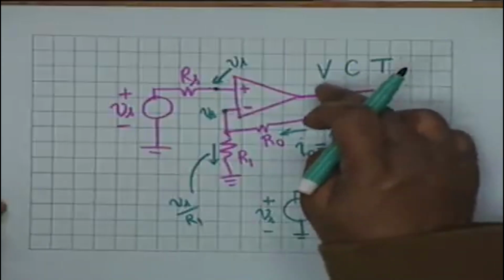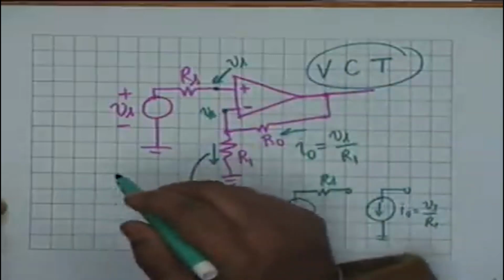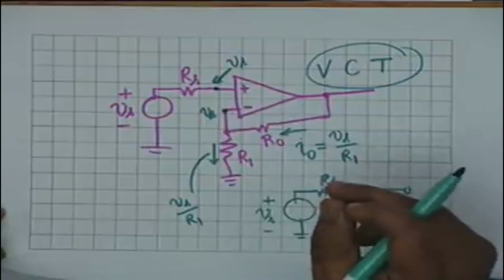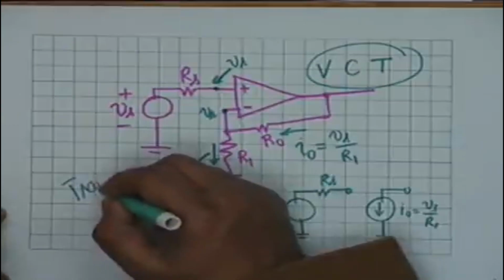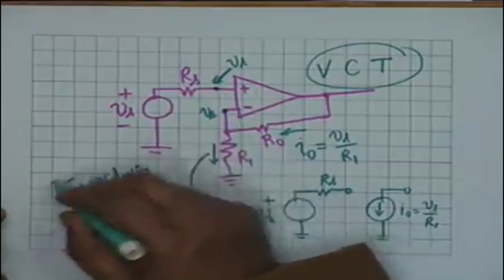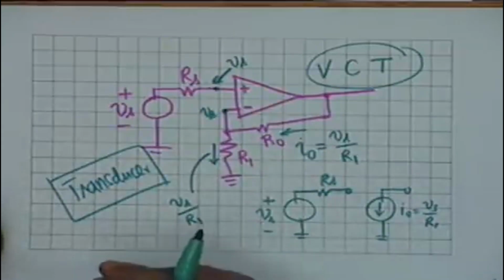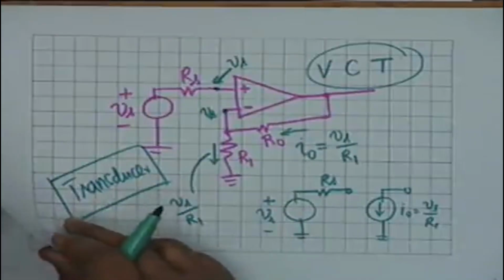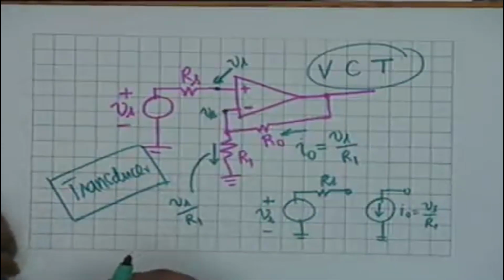So it is called a voltage to current transducer, or simply VCT. Similarly, you could have a CVT, current to voltage transducer. We shall see this later, but transducer is a general term. A transducer is a device which converts one physical quantity into another physical quantity. The two quantities could be quite different from each other. In that sense, is an op-amp a transducer?